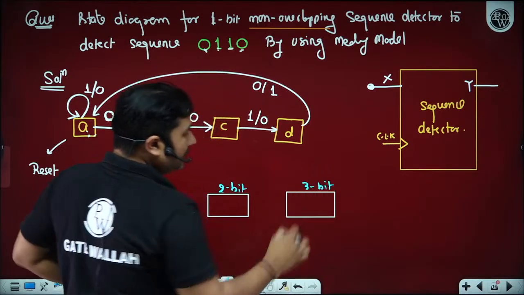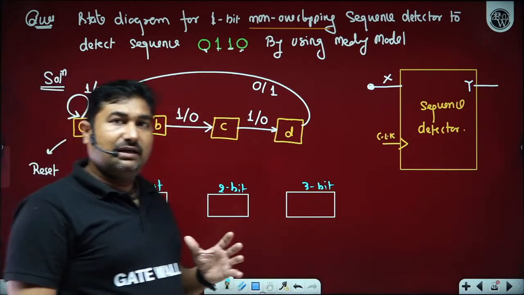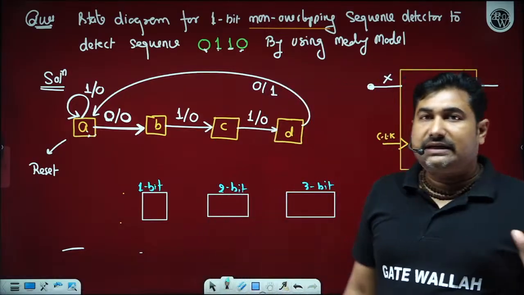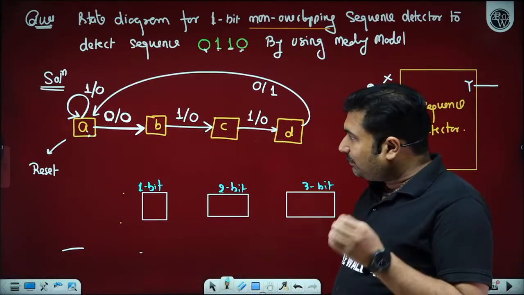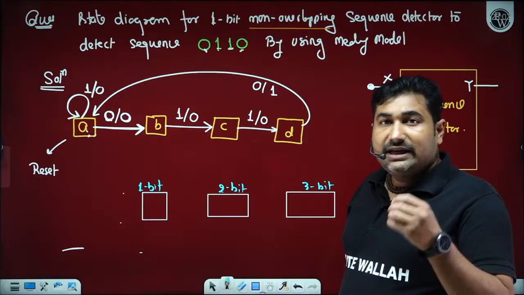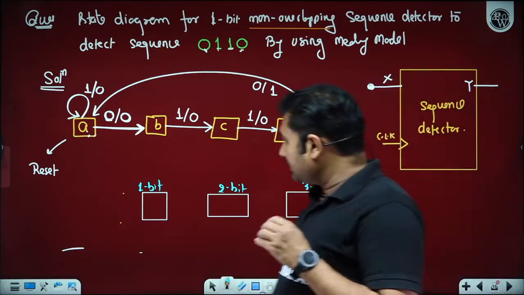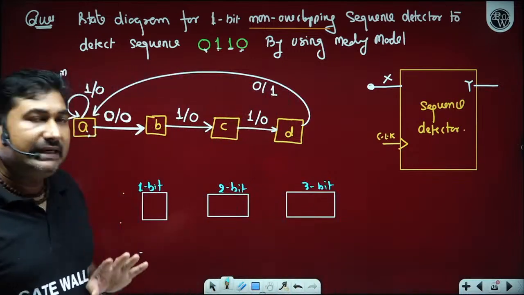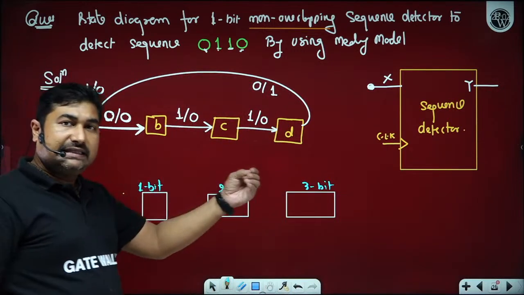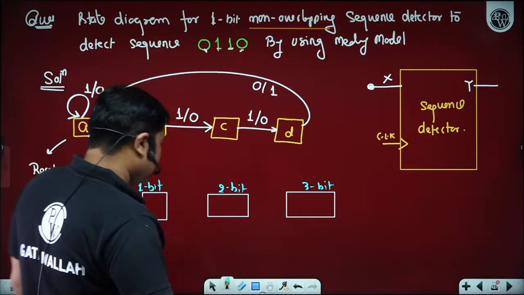What does it mean? If you are on state A, none of the bits of the sequence got detected. If you are on state B, one input bit of the sequence got detected. If you are on state C, 2 input bits have been detected in the sequence. If you are on state D, 3 input bits have been detected in the sequence.